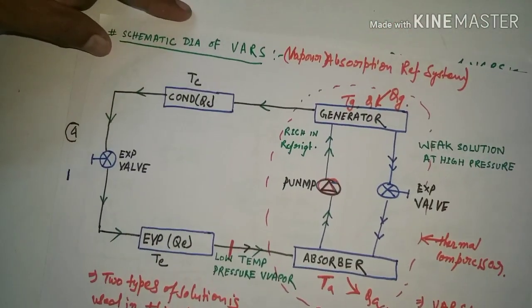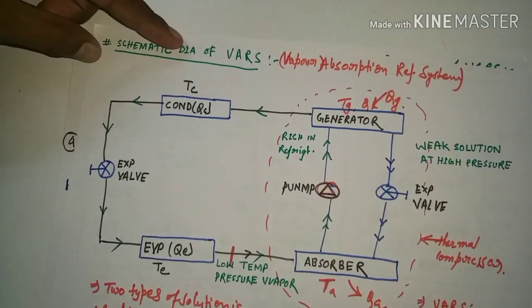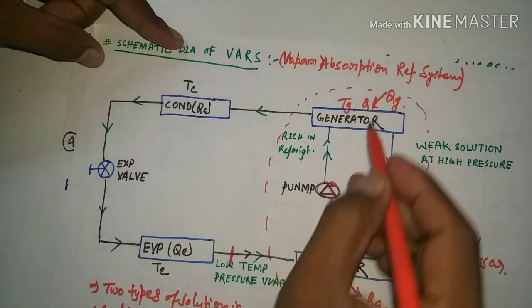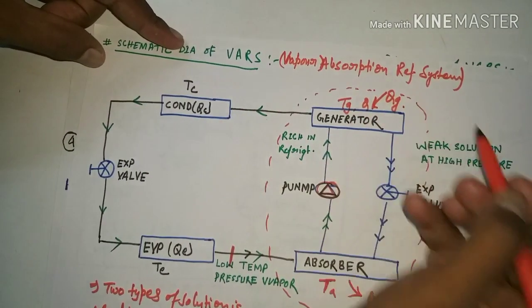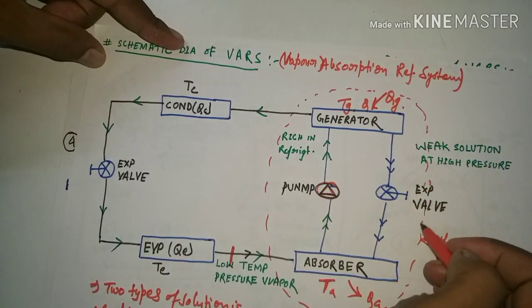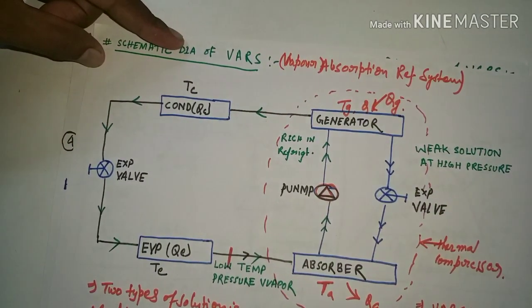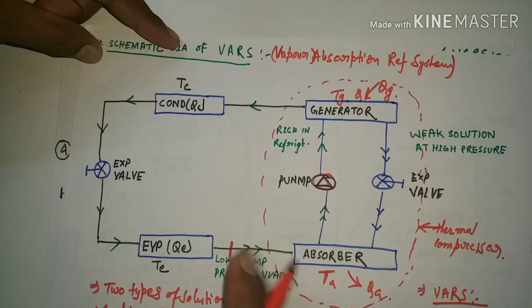Now let me describe the main function of the vapor absorption refrigeration system. Instead of the mechanical compressor we use in the vapor compression refrigeration system to compress the vapor, here we use the thermal compressor.